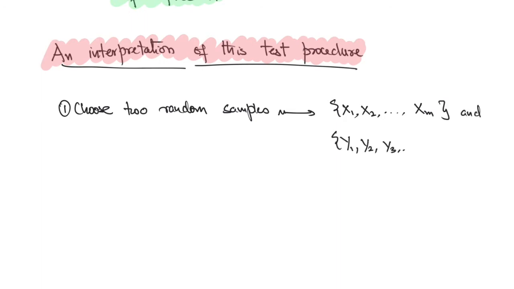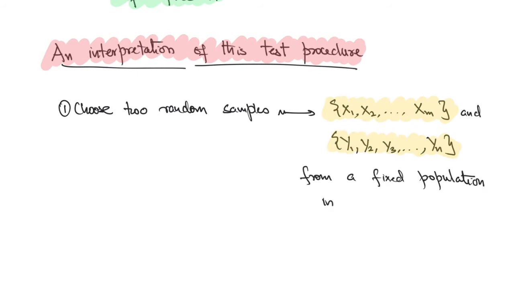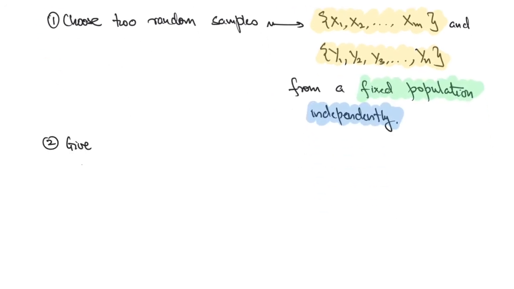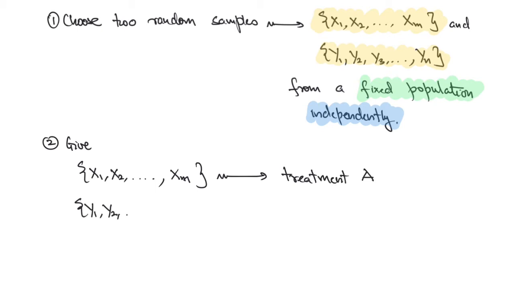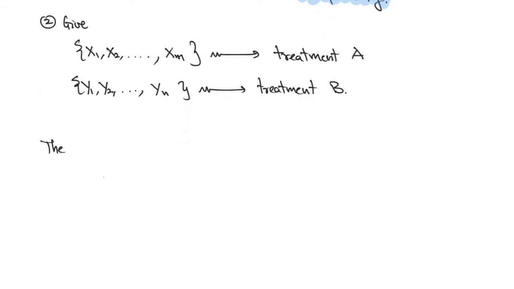We can think of this as choosing two random samples of people from a population independently, and we'd like to test if a certain drug is actually effective. In this setting, we are going to give one of these groups, the group corresponding to the xi's, the drug, that is treatment A, and we're going to give the other group, the one corresponding to the yi's, treatment B, which will possibly be a placebo.